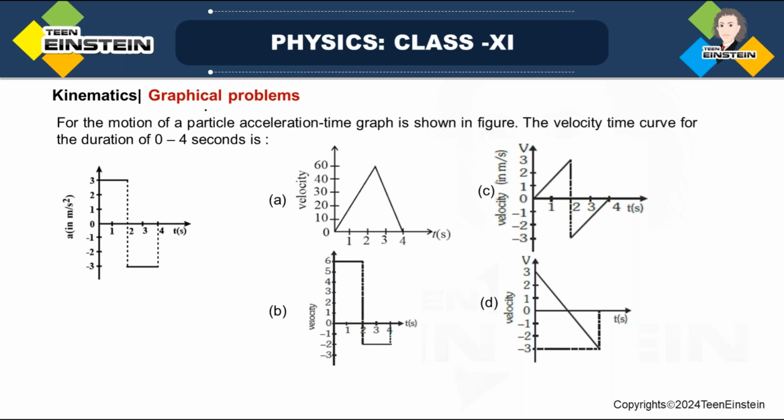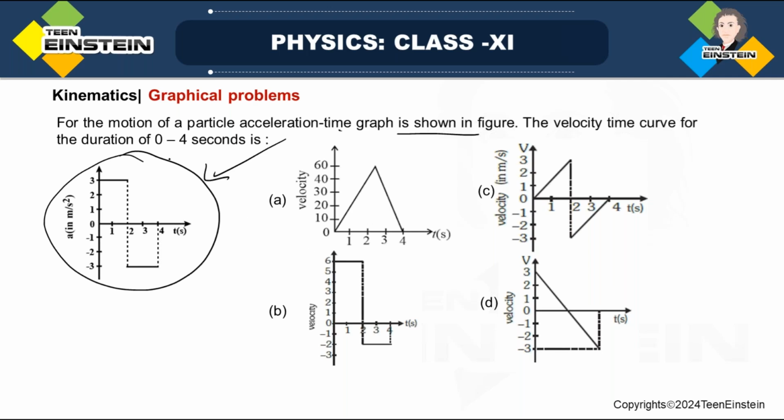Now, what is this question saying? This question is saying that for the motion of a particle, the acceleration time graph is shown in the figure. So this is actually the acceleration time curve, given in the question.